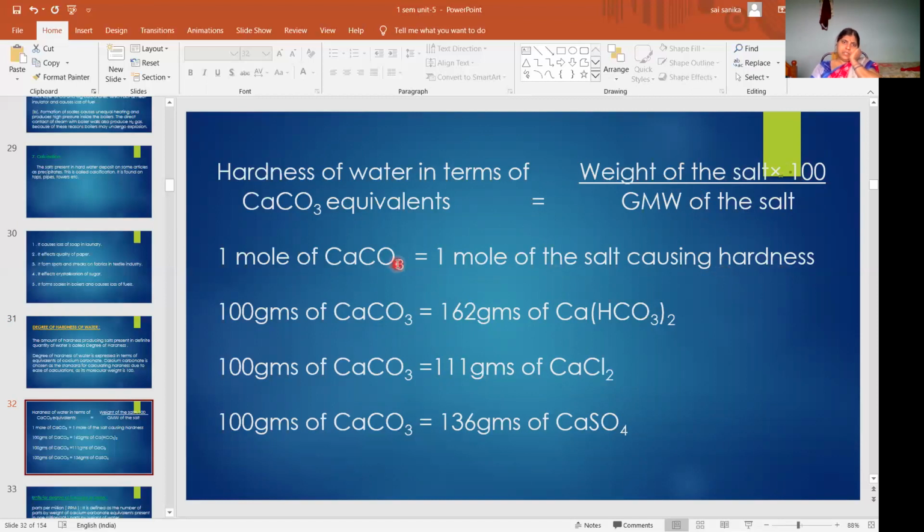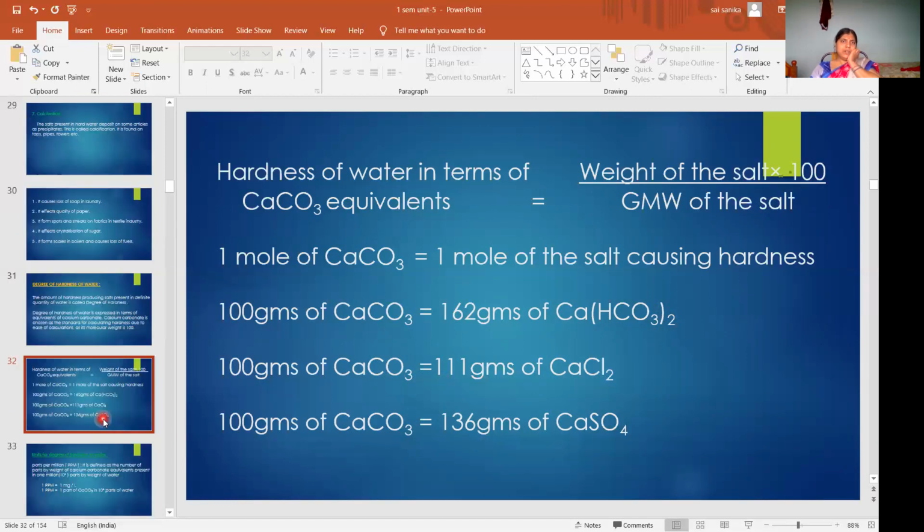Similarly, 100 grams of CaCO3 is equal to 162 grams of Ca(HCO3)2, that is calcium bicarbonate. 100 grams of CaCO3 is nothing but 1 mole of CaCO3, equal to the molecular weight of this molecule. Similarly, 100 grams of CaCO3 means 111 grams of CaCl2, and 100 grams of CaCO3 means 136 grams of CaSO4. Okay. So this is about degree of hardness of water.